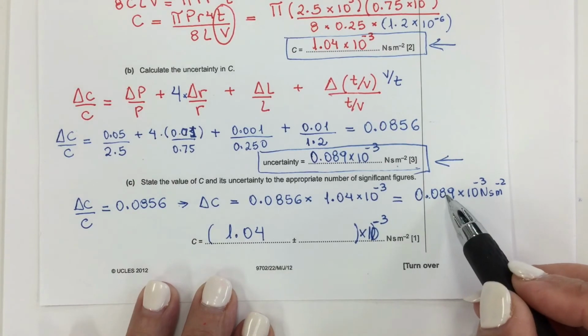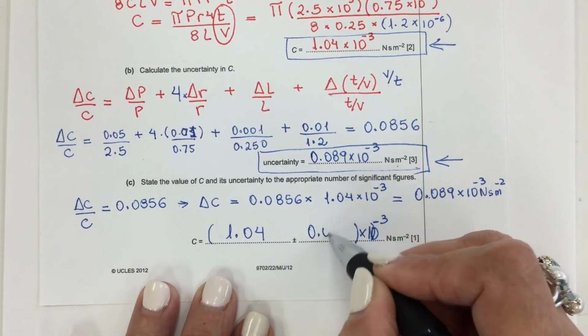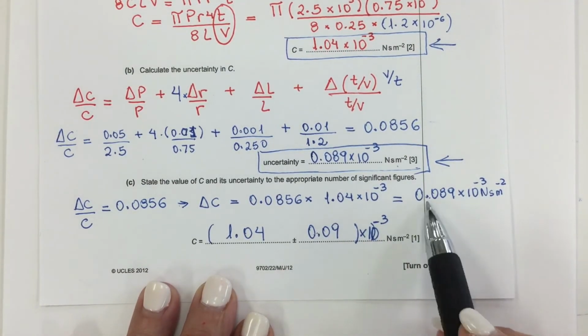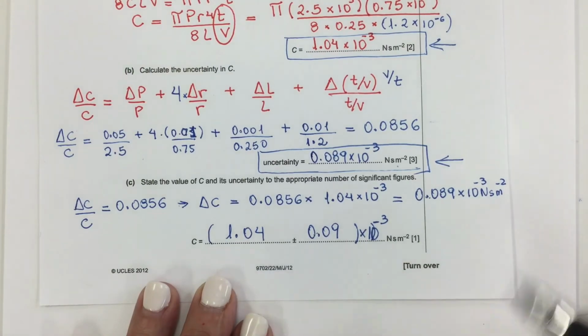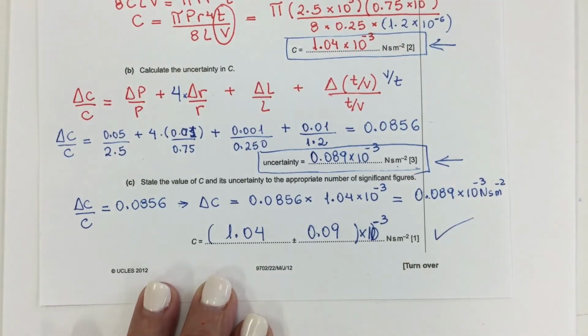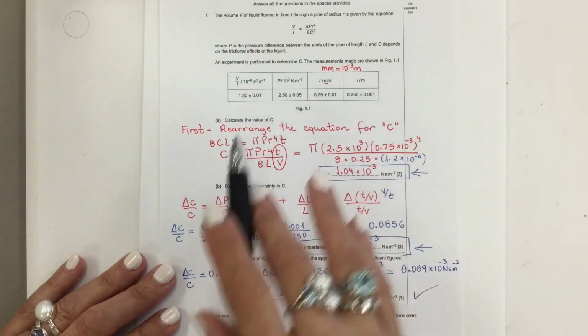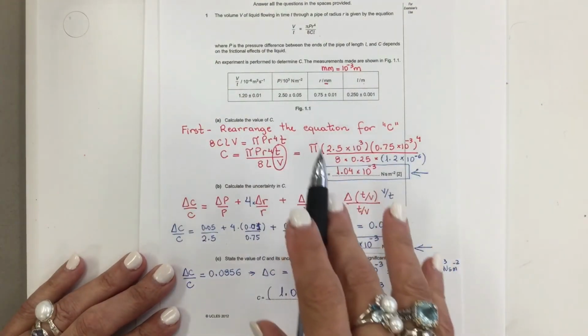So I will need to round this to 9, so that will be 0.09. Now I have 3 significant figures, and that's the final answer. So this is the final result of my work.